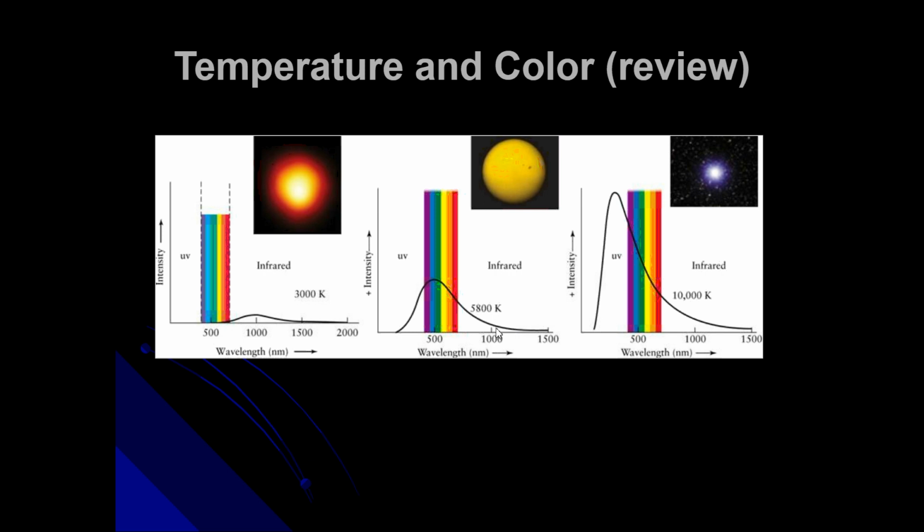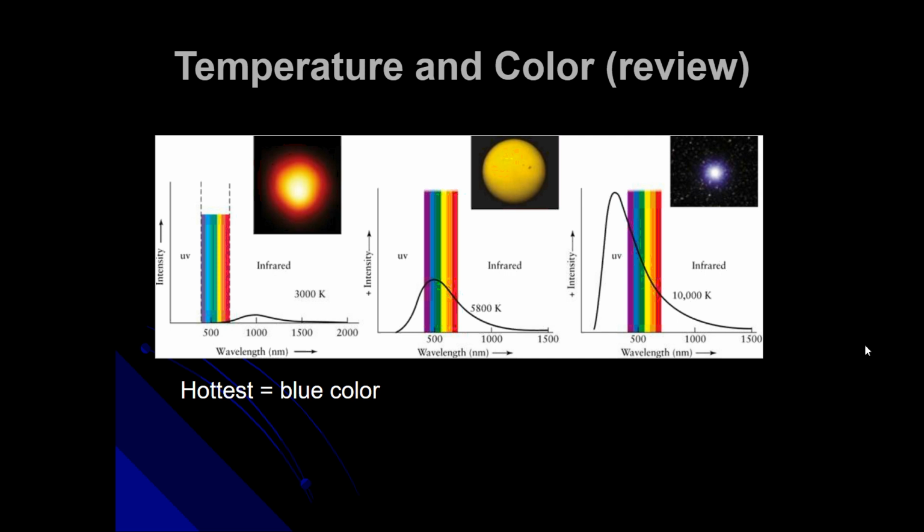Our sun has a temperature of about 5,800 Kelvin. And for a bluish star, it's going to peak in the UV and have more violet and blue colors than the reds and the yellows. So blue stars are going to be a much higher temperature, about 10,000 Kelvin for this one.